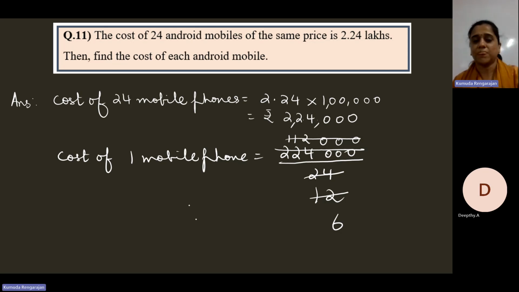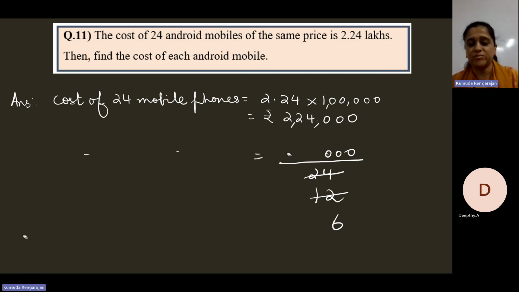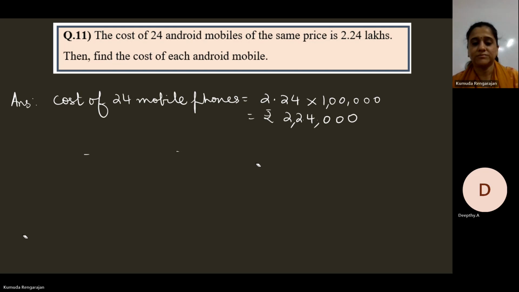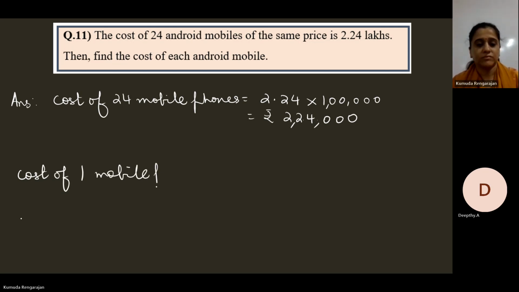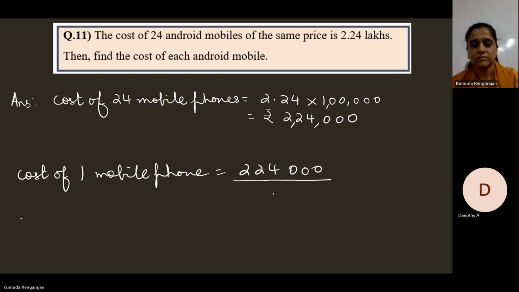Check. Just write it slightly below so that I have space to simplify. See here, 2 12 times.